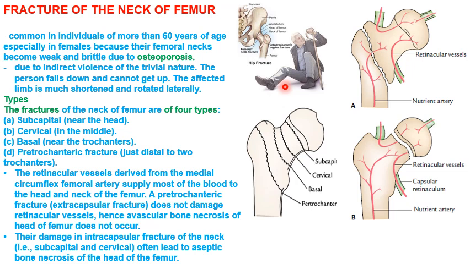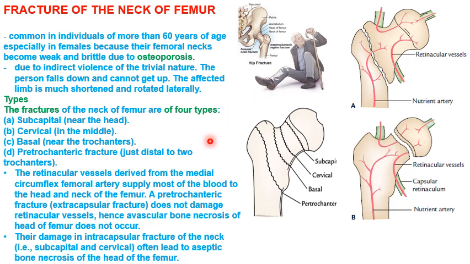Or the fracture can be due to indirect violence of a trivial nature, where a person falls on the ground and cannot get up. The affected limb is much shortened and rotated laterally. When there is fracture of neck of the femur, the limb is rotated laterally.